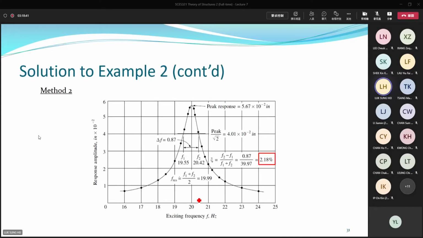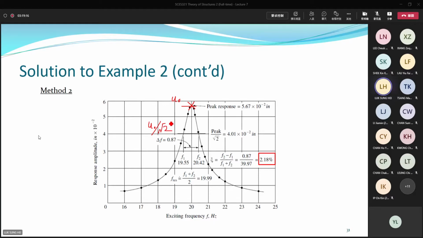Method two, half power bandwidth method. The half power bandwidth method relies on only one point at the peak level. At the peak level, the value is 5.67 over 100 inch. If you use the half power bandwidth method, we have to calculate one magic number, U0 over square root 2.